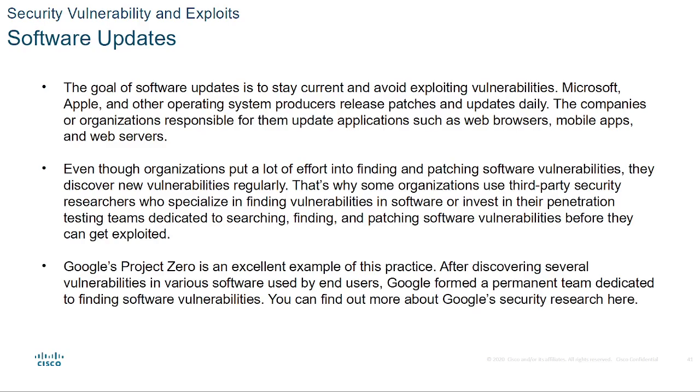So always update your application. Almost all companies release patches regularly just so that they can keep up with changes in the security landscape. Even though organizations put a lot of effort into patching software vulnerabilities, they discover new vulnerabilities regularly.